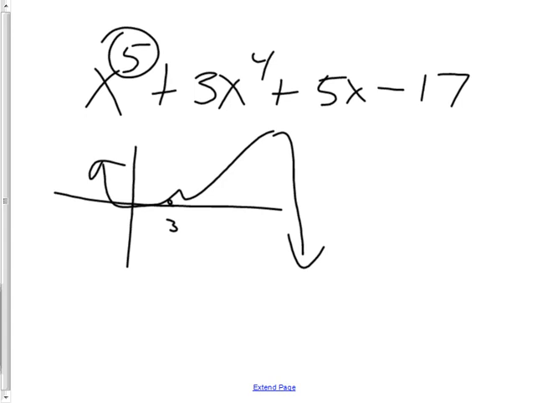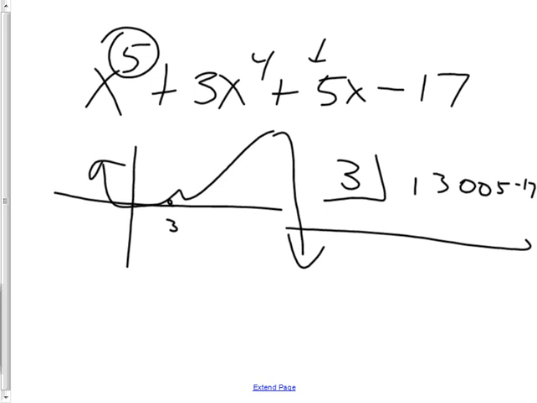Remember that? Anyway, I'll talk about that later. So if it touched at 3, you could go, okay, 3's my root, and then I do synthetic on this. 1, 3, 5. Ooh, I get missing terms too. And there's a couple missing terms in there, so I have to say 1, 3, 0, 0, 5, 0, 0, 5, and negative 17. Anyway, that's a way to do a quick reminder of factoring using a calculator.